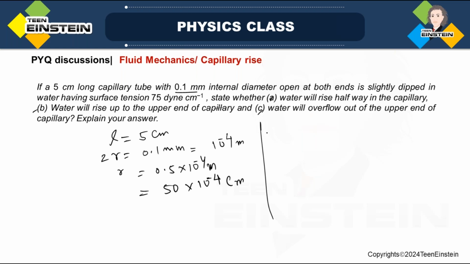First of all, let us find out what is h. Here contact angle is not mentioned, so we'll take that as 0 by default. Water and glass, right?